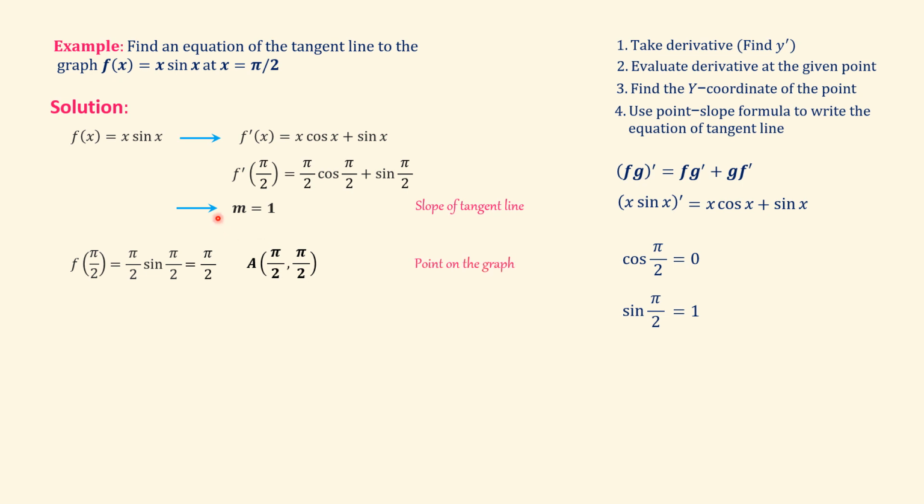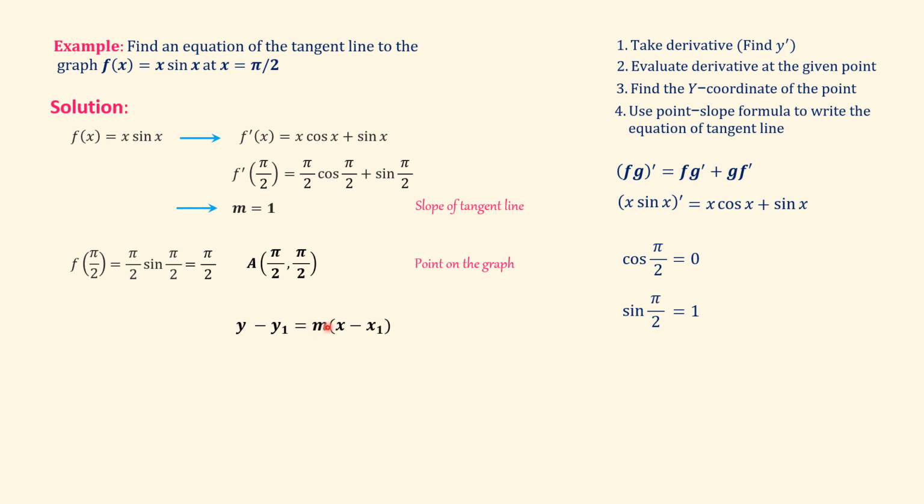Now that we have the slope of the tangent line, and we have x and y values of the point on the function, we can use point slope formula to write the equation of the tangent line. This is the point slope formula of a line. Y minus y1 equals m times x minus x1.